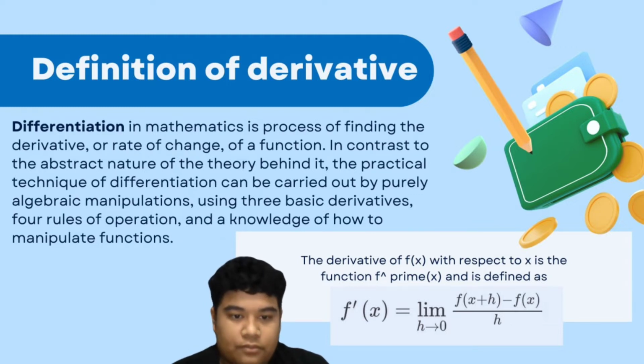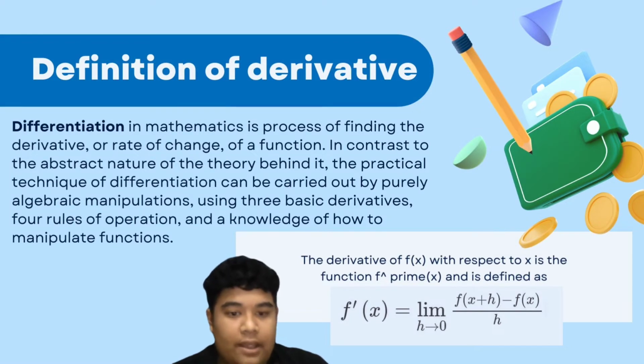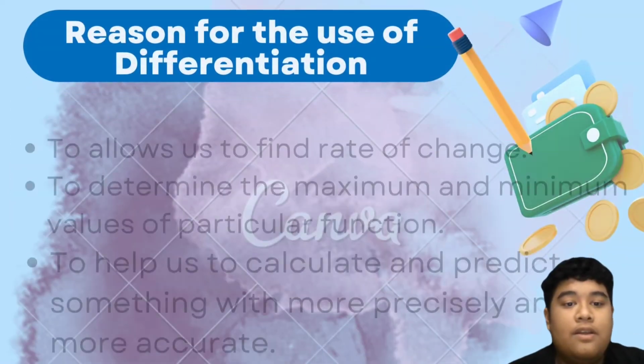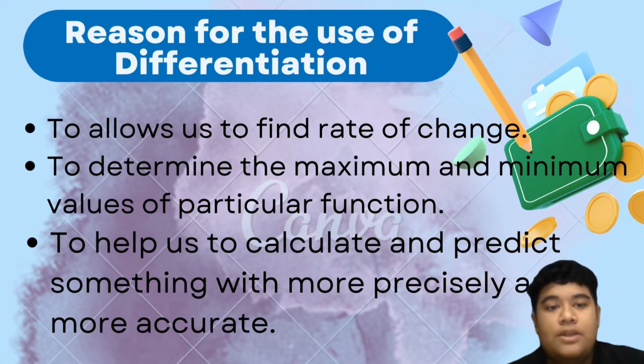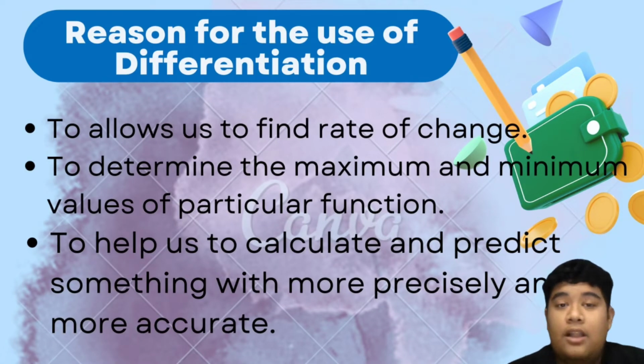Below here there's an example of a derivative of f(x) with respect to x, which defines f prime essentially.